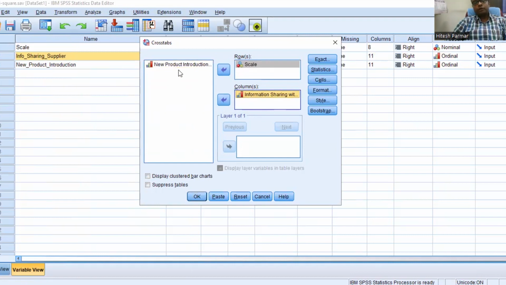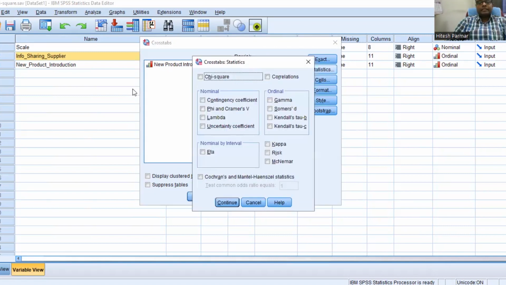If you wish to incorporate the other variable, you can, and it will simultaneously provide the results of the two chi-square tests. But as we are learning here, let us pick only these two variables. Then in terms of statistics, we need to click on chi-square and on phi and Cramer's V.